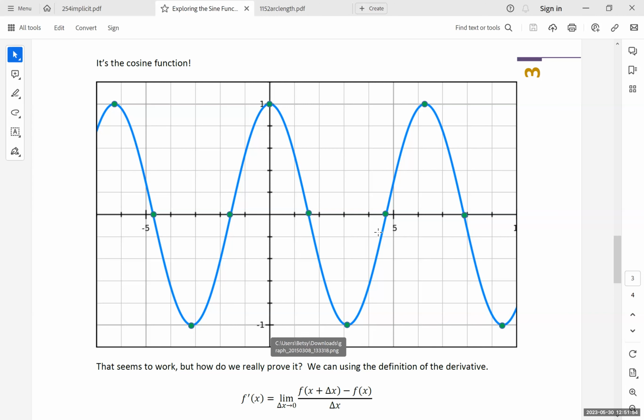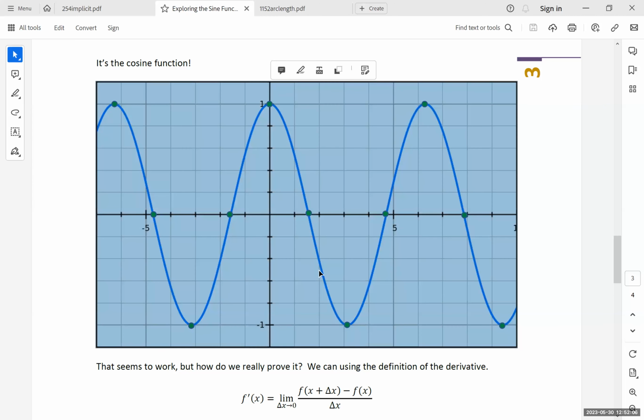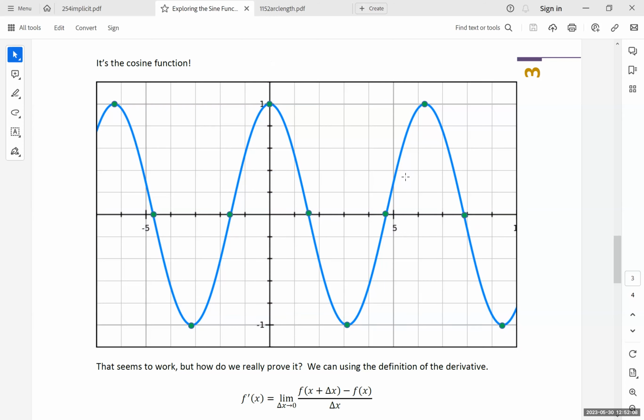And then at 3 pi over 2, we were back to 0 again. And then the cycle repeats. And so this is a cosine function. It's a maximum at x equals 0 of 1. And then it cycles through all of these values, and then it keeps going. So that's the cosine function.